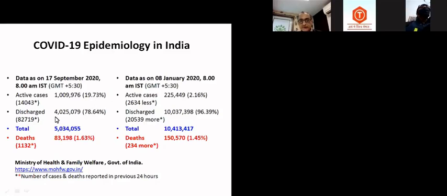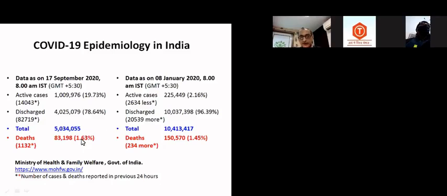The number of people who were discharged home went from 4 million to about 10 million by 8th of January, but the total number of cases have obviously increased from 5 million to 10 million. And obviously we would expect the deaths had increased in these 3 or 4 months. They must have almost doubled.